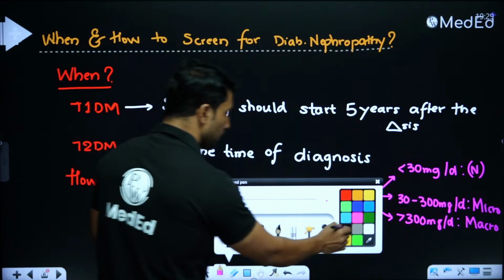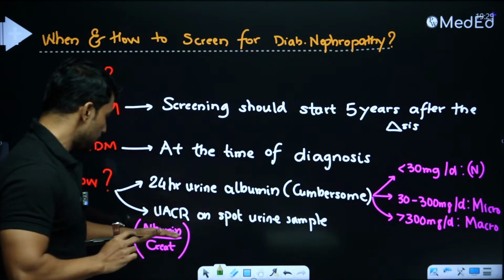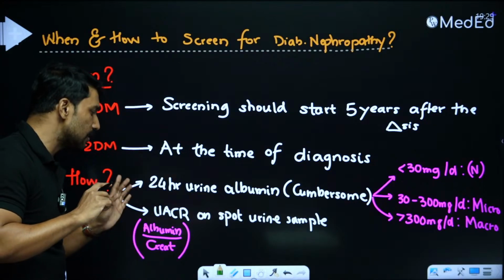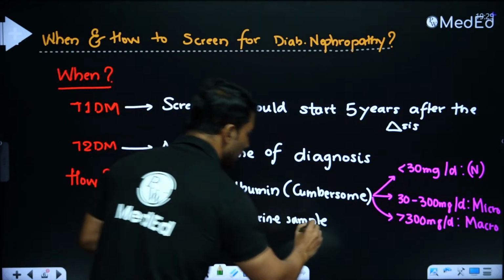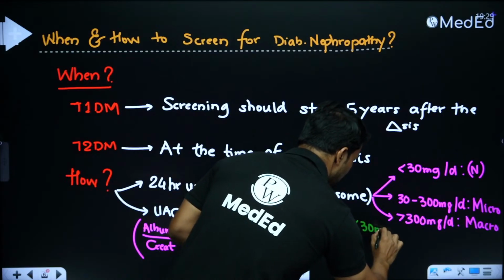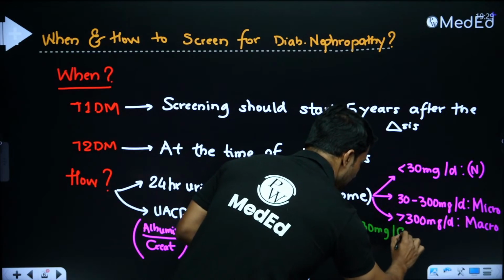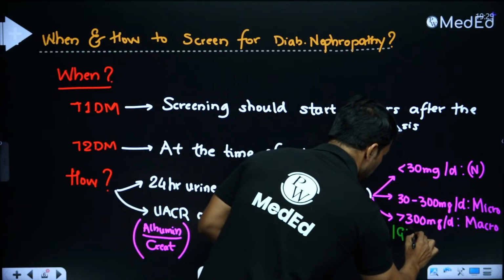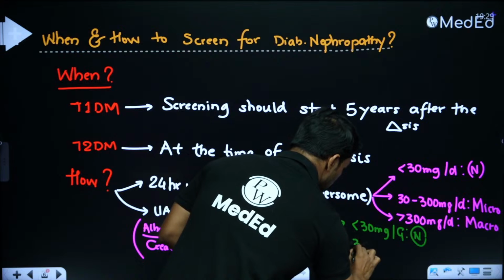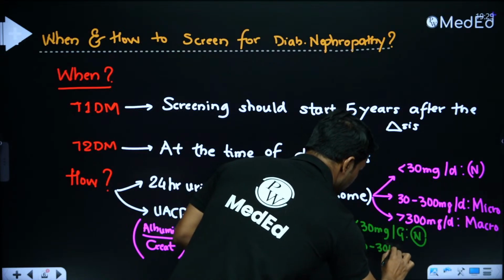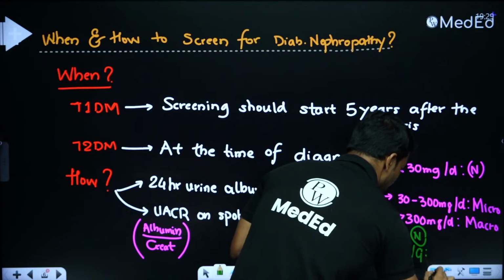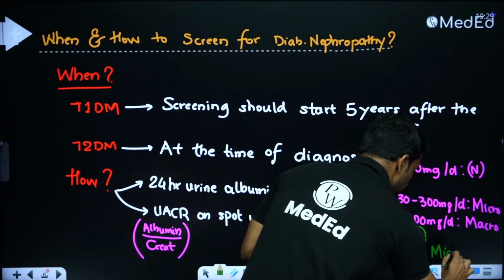So for every 1 gram of creatinine lost in urine, if I am losing less than 30 milligram of albumin, then it is normal. If it is 30 to 300 milligram of albumin lost in urine for every gram of creatinine lost, then it is microalbuminuria.